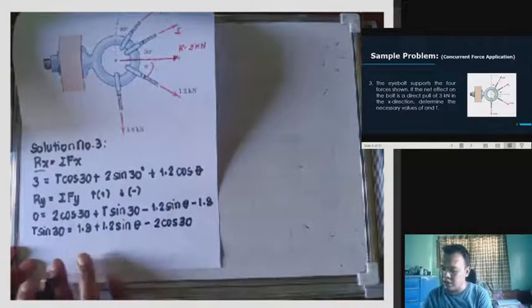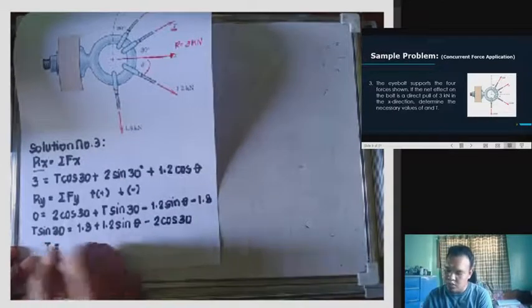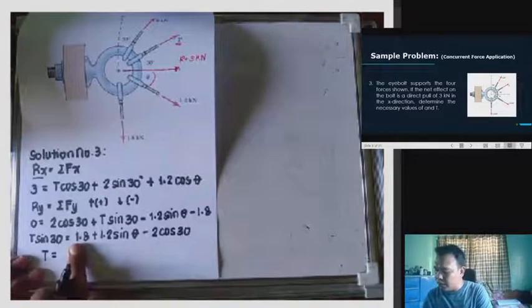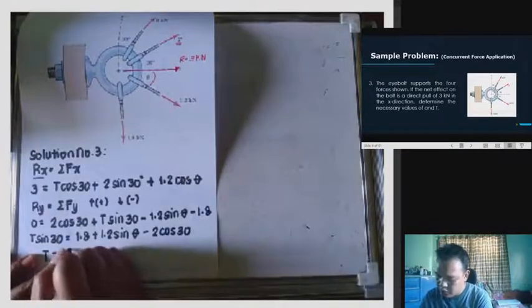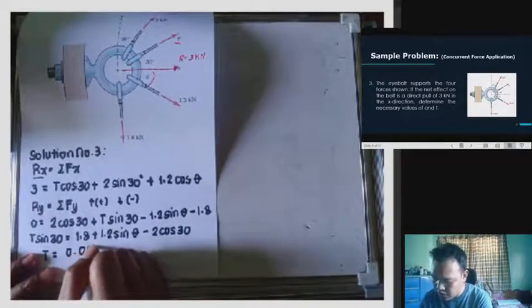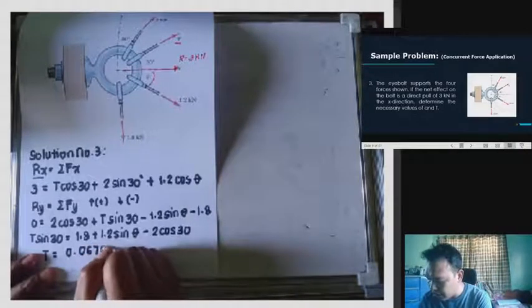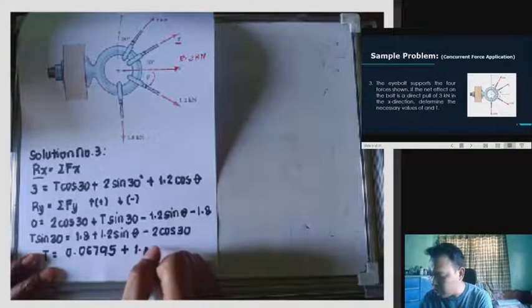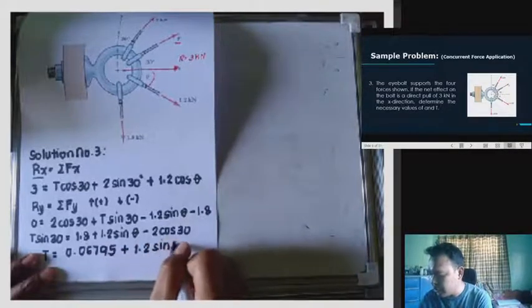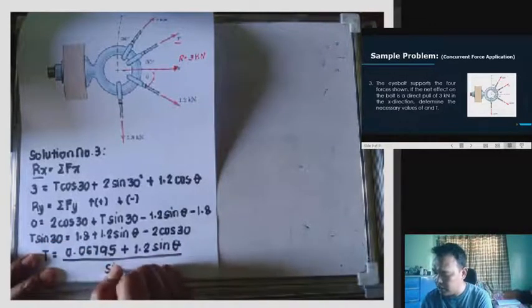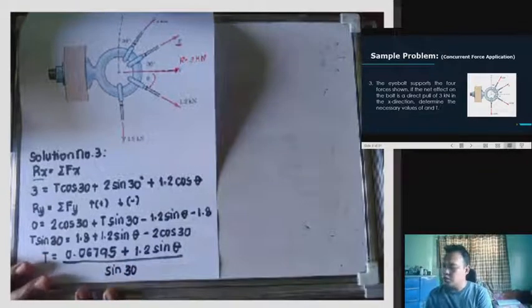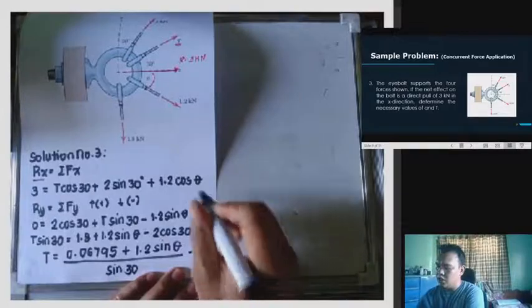Then we can rewrite again ito into T is equivalent to 1.8 minus 2 cosine 30, so we have here 0.06795 plus 1.2 sine theta all over sine 30.